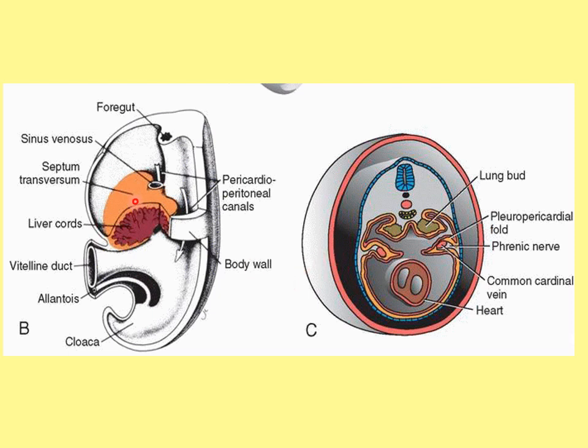So the septum transversum is a very important structure for the development of the central tendon of the diaphragm. Now the next important component is the pleuroperitoneal membrane.